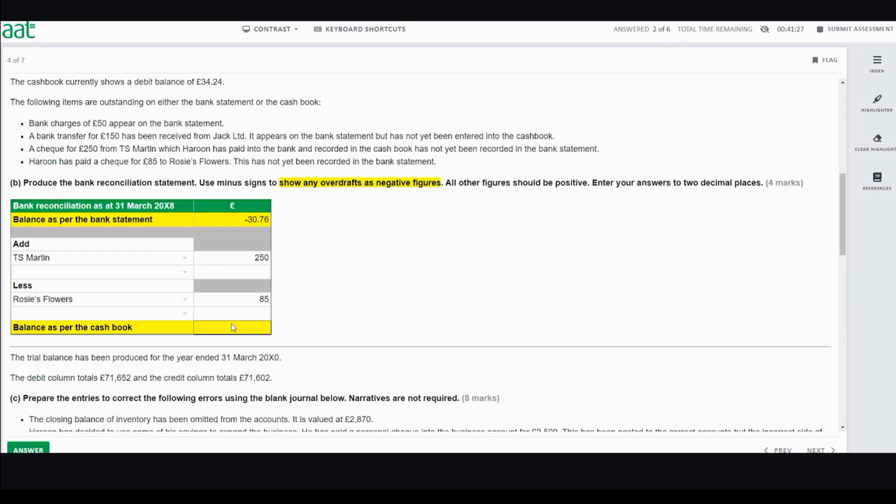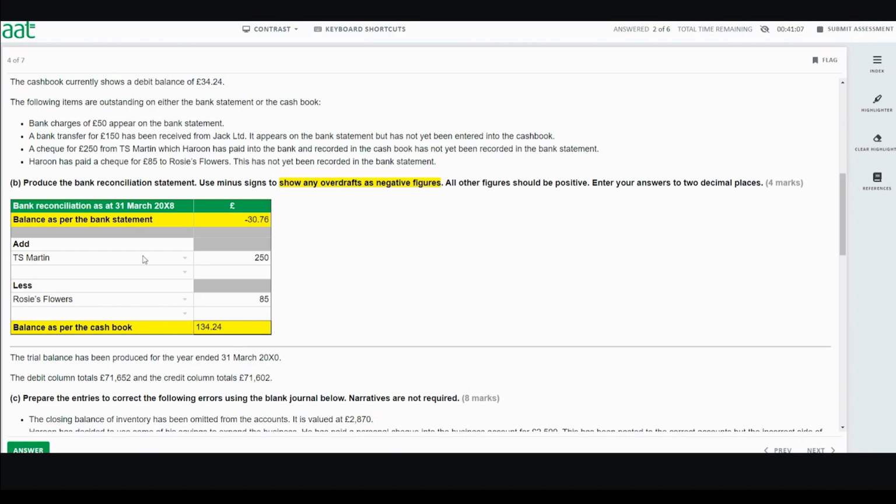Okay, so then if you do your calculation of minus 30.76, okay, add on the positive balance 250 less the cheque of 85 gives you a cash book balance of 134.24.